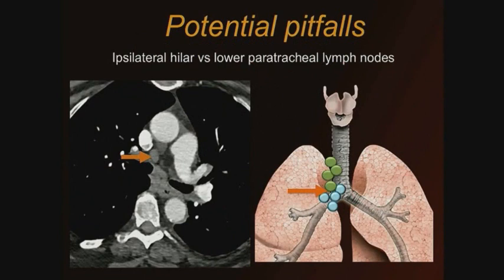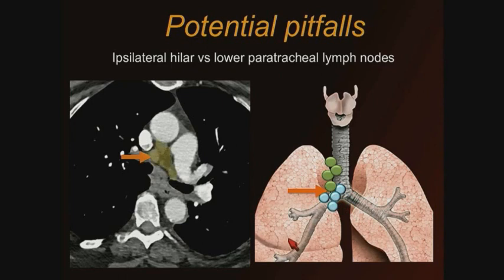The last pitfall on lung cancer that I want to address, and I'm sure we all have seen lesions in the precarinal space. Again, we don't have a precarinal nodal station, so we have to define if these lymph nodes are either inferior paratracheal, which will be considered mediastinal, or hilar, which would be considered N1 disease.